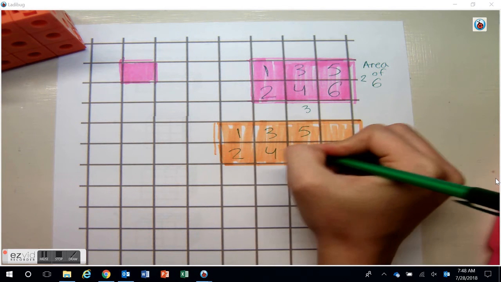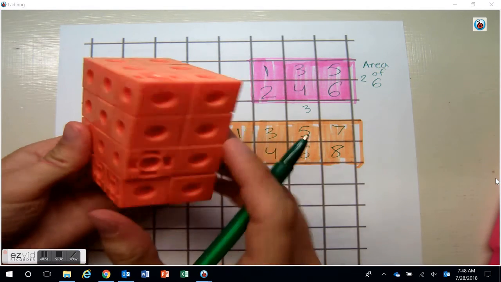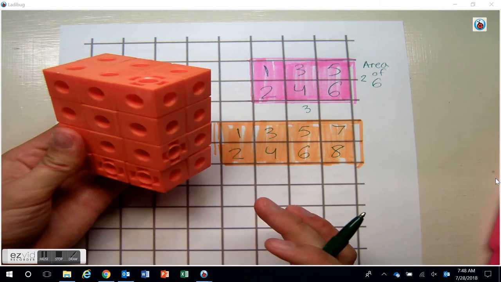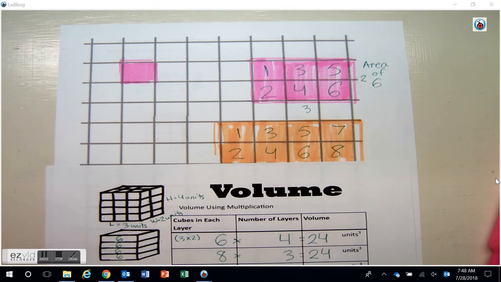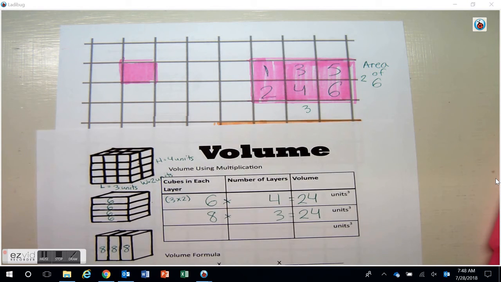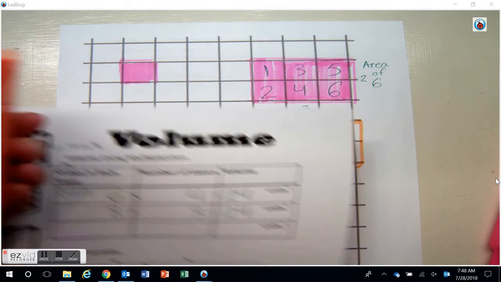And when I do that, I'm seeing that I have 1, 2, 3, 4, 5, 6, 7, 8 squares on this side of my prism.